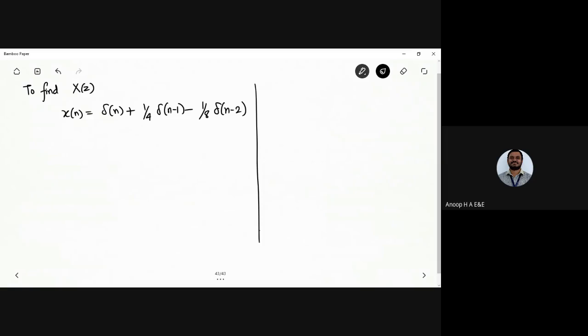Next, I'll write it here itself, y of n equal to delta of n minus 3 by 4 delta of n minus 1. From x of n you can find x of z, and from y of n you can find y of z.